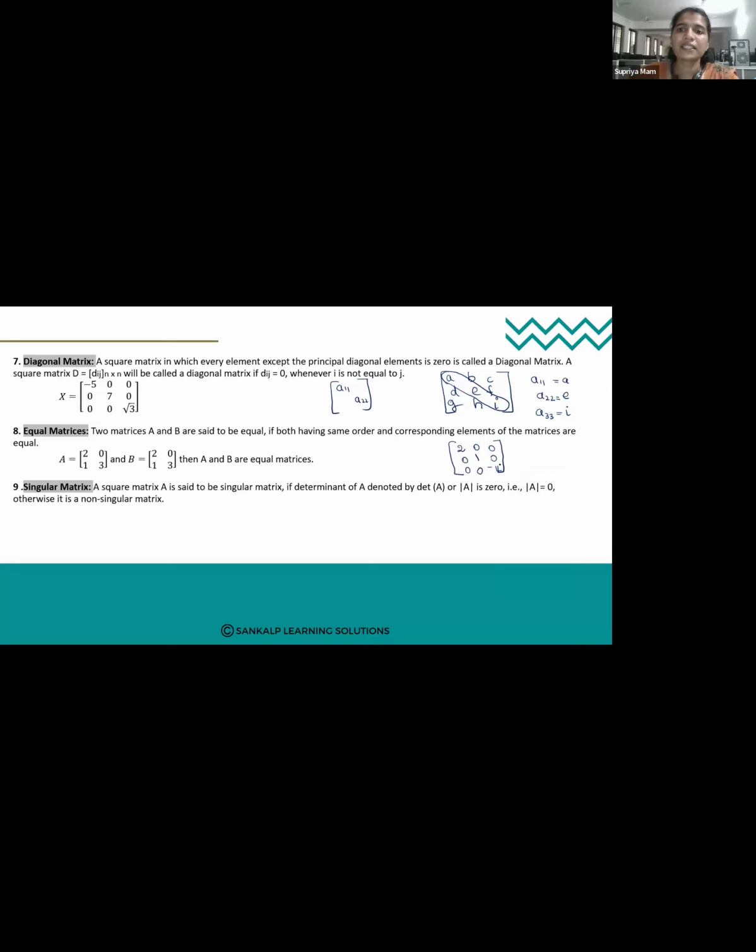A diagonal matrix is a square matrix in which diagonal entries are non-zero real numbers. They can be anything, but non-diagonal entries are 0. A diagonal matrix is a square matrix in which non-diagonal entries are 0.